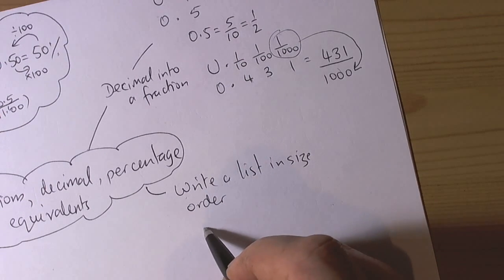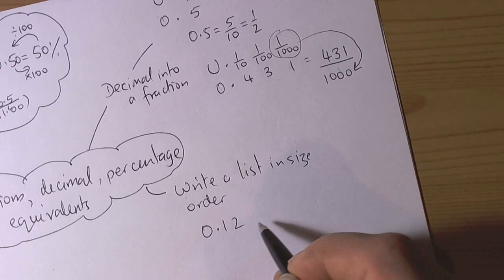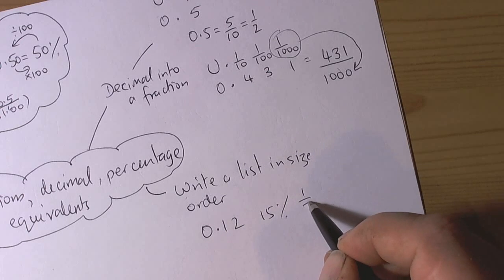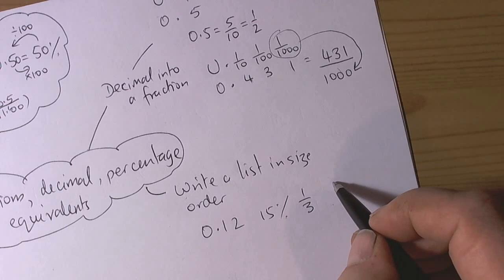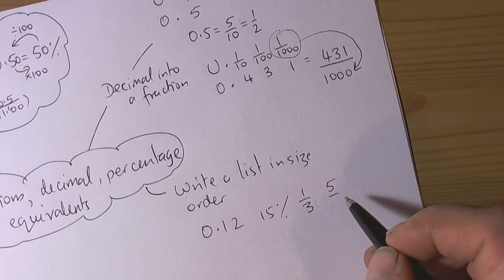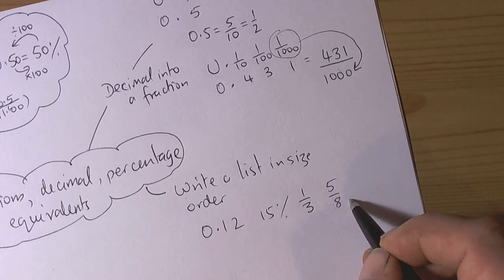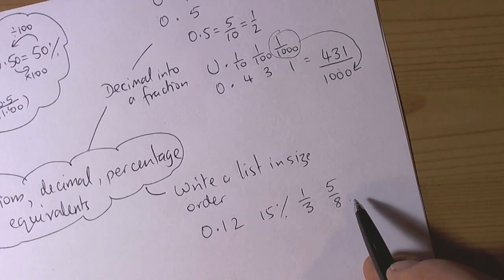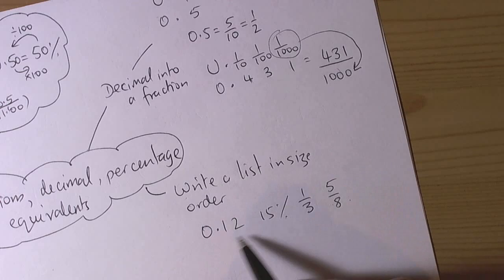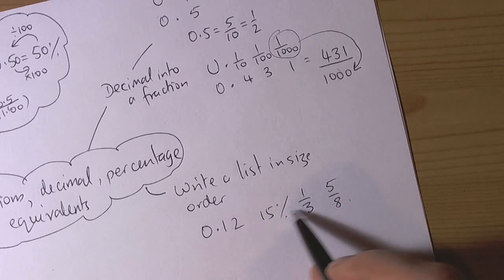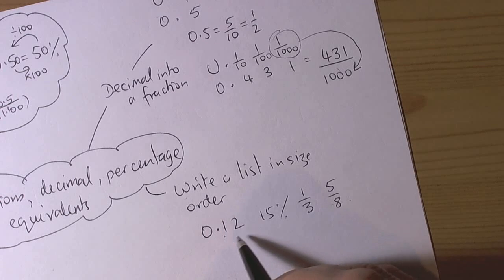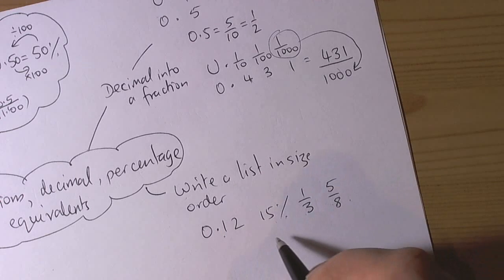So for example, they might give you 0.12, 15%, 1/3, and 5/8, and they want this in size order, starting with the smallest. Well, if we turn them all into equivalents, that helps to see what's going on. So this one's already a decimal, I'm going to turn all of these into decimals.